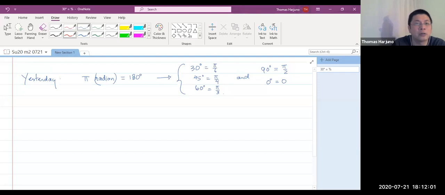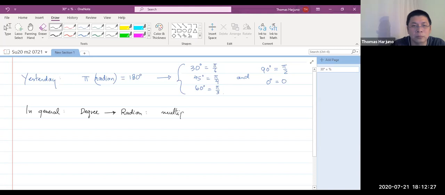Now in general, when we convert from degree to radian, we multiply by pi over 180 degrees.